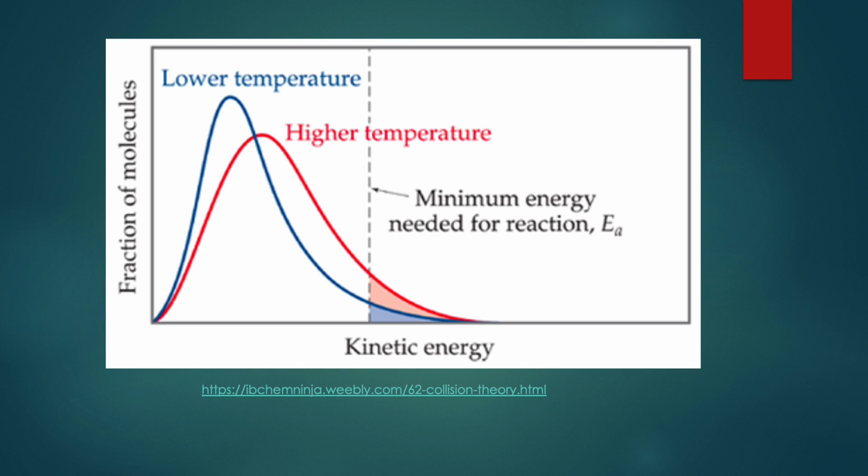And what they would see is that because the higher temperature has a greater average kinetic energy, the number of molecules that have enough energy to react has increased, and the one at the lower temperature has fewer particles that can react at that temperature. And so they start to see that the number of molecules that have enough energy in collisions can determine the rate of reaction.